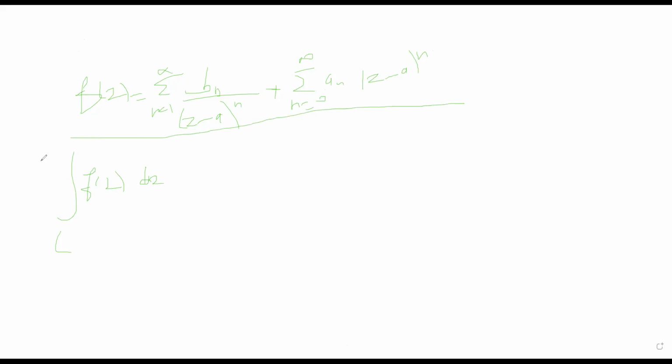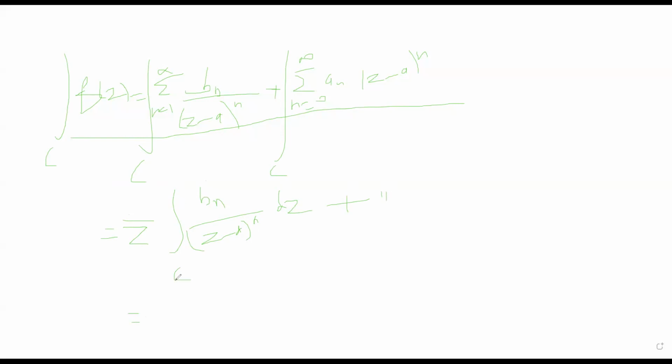When we take the integral over c, this is equal to integral over c plus integral over c. The integral of a summation is equal to the summation of the integral. So the summation of integral over c bn by z minus a the whole power n dz, plus this term.